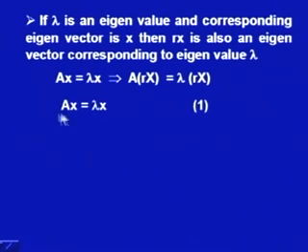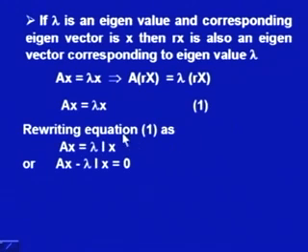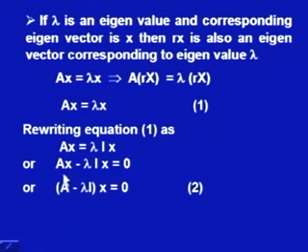Now, we start with the equation Ax equal to lambda x. Rewriting equation 1, I am writing x as Ix, so it becomes Ax equal to lambda Ix. Then I take this to the other side, so it is Ax minus lambda Ix is equal to 0, or I can say it is (A minus lambda I) times x is equal to 0.